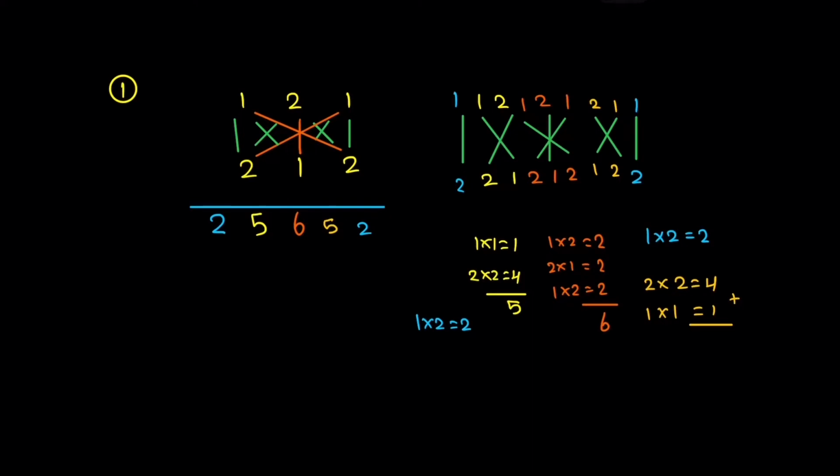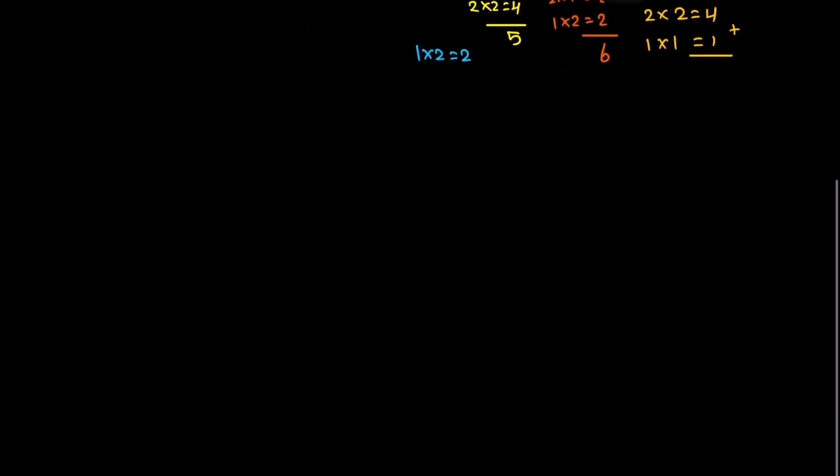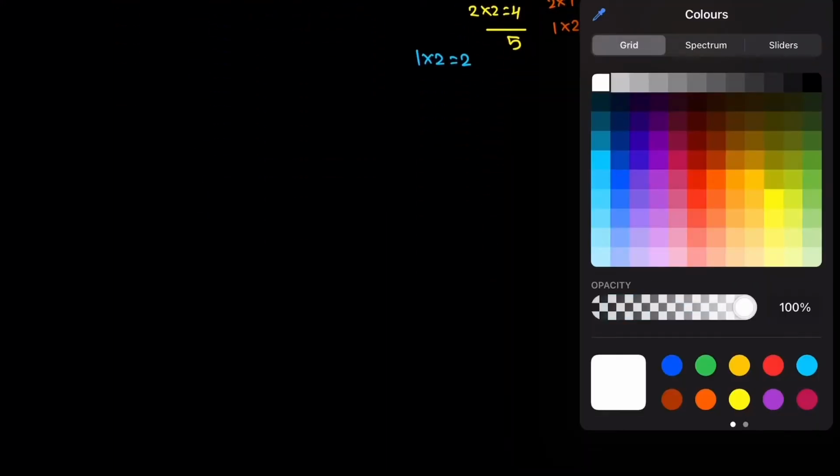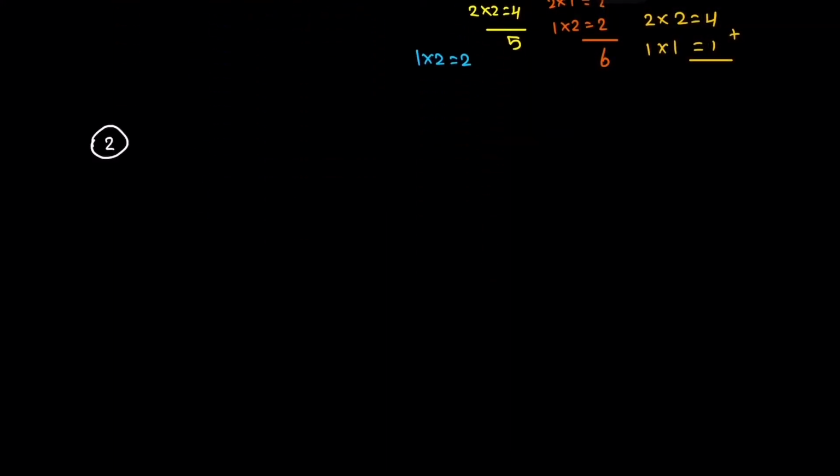Now move to another example. 1, 2, 3 and 4, 3, 2. Using the same pattern, step 1 is straight. 3 and 2. So 3 times 2, the value is 6.